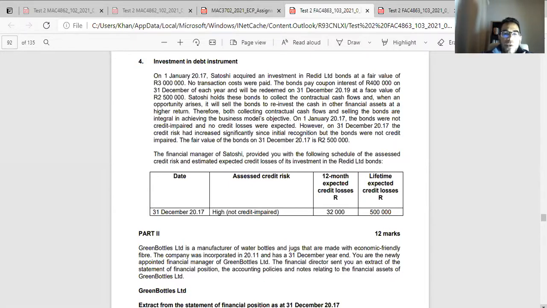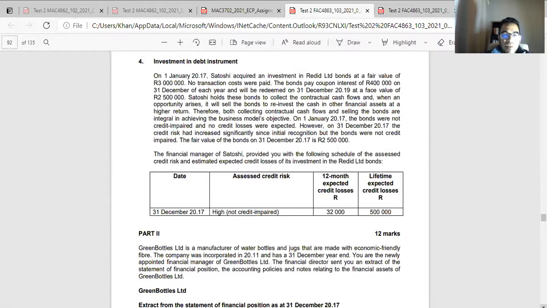On 1 January 2017, the bonds were not credit impaired and no credit losses were expected. However, on 31 December 2017, the credit risk had increased significantly since initial recognition, but the bonds were not credit impaired. The fair value of the bonds on 31 December 2017 is 2.5 million Rand.